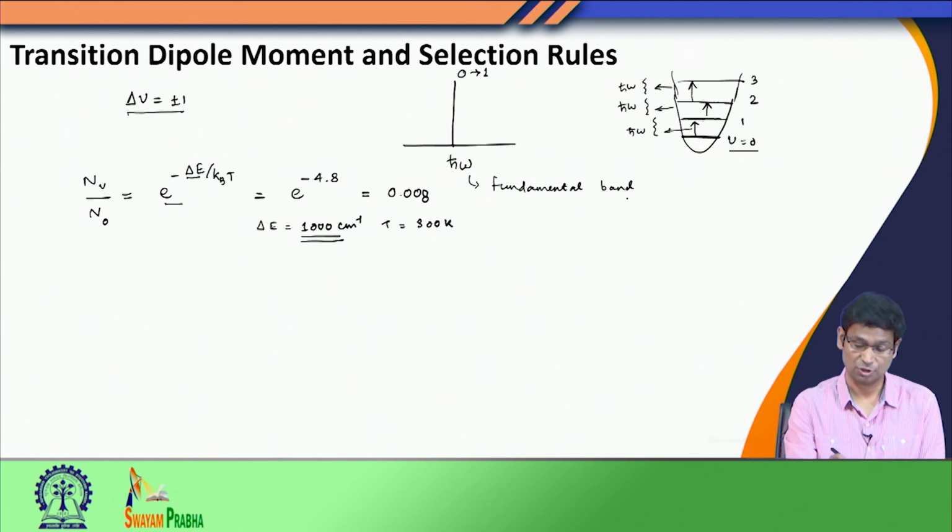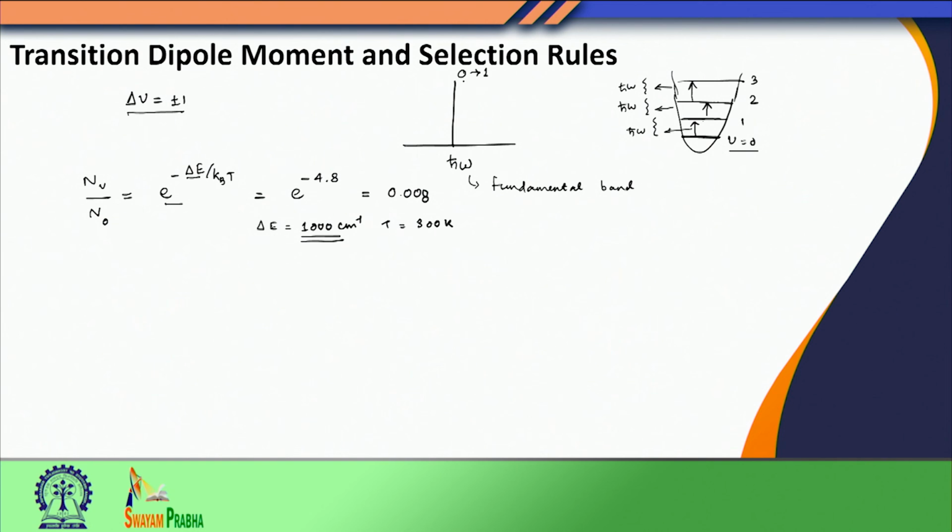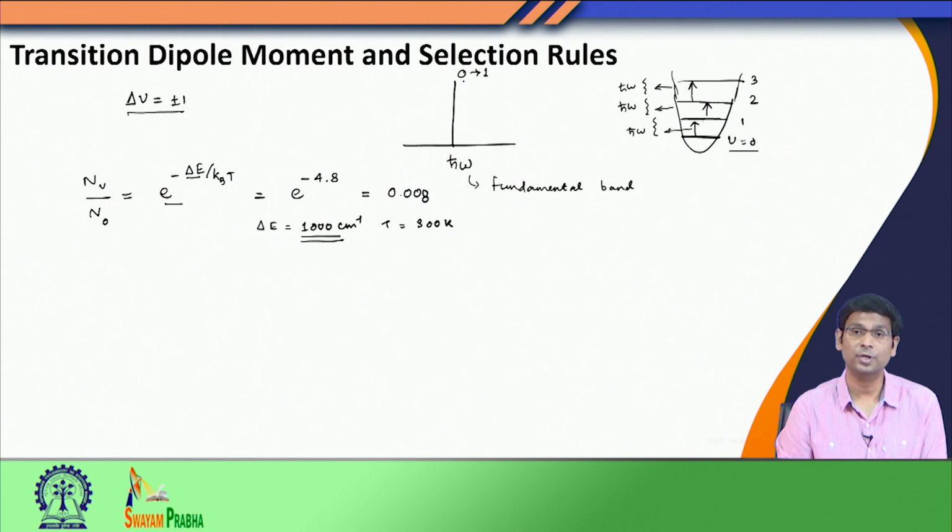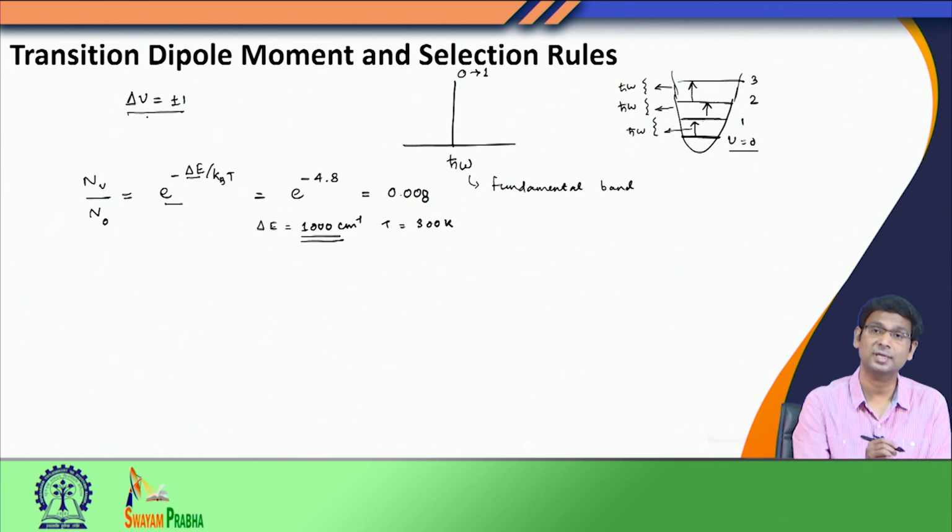Of course, we are restricting ourselves to the harmonic approximation. That means we are truncating our dipole moment expansion just after the first order. So, we are not getting delta v equals 2, delta v equals 3 and higher order transitions. Within the harmonic approximation, delta v equals plus minus 1 is the selection rule.